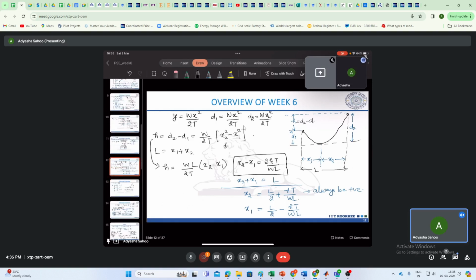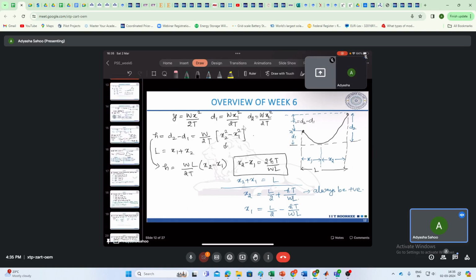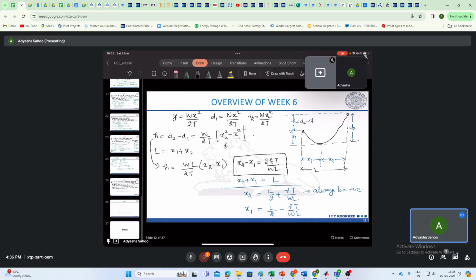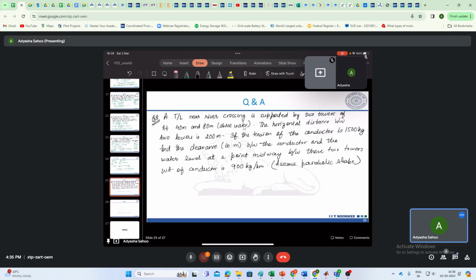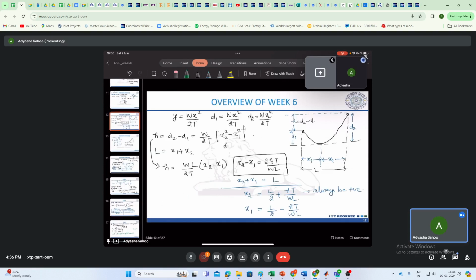So x1 is L by 2 minus HT by WL. So from here H is D2 minus D1, that is the difference between height of towers.